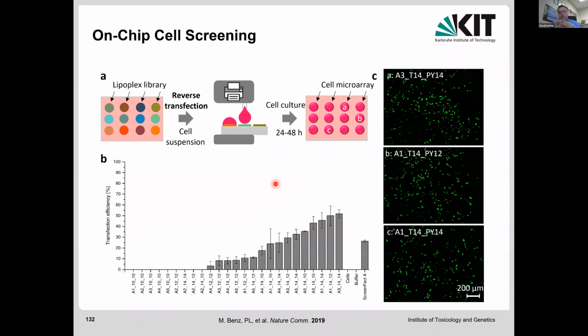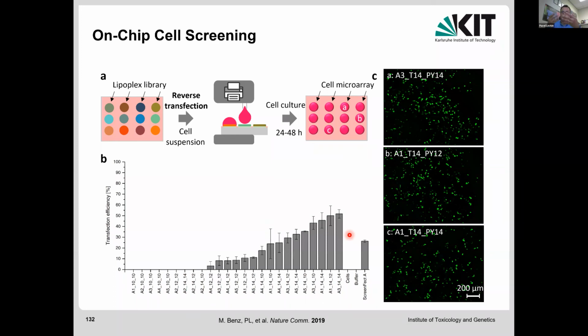The more cells become green fluorescent, the better the cell transfection efficiency. And here you can see some quantification of the transfection efficiency. This is a control experiment. And so basically we could find some lipids on chip that were efficient for cell transfection.